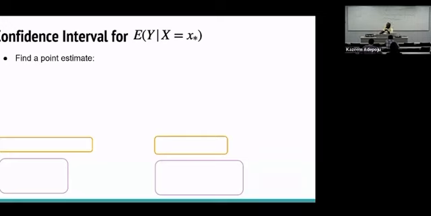But if I mention prediction interval, then I'm basically referring to the interval for individual prediction. Does that make sense? Now, I want to start.